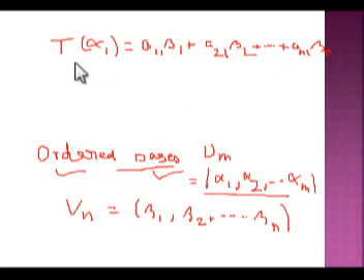I am writing it in this way. It means that T alpha 1 will be the column vector for the matrix. So what will T alpha 2 be?